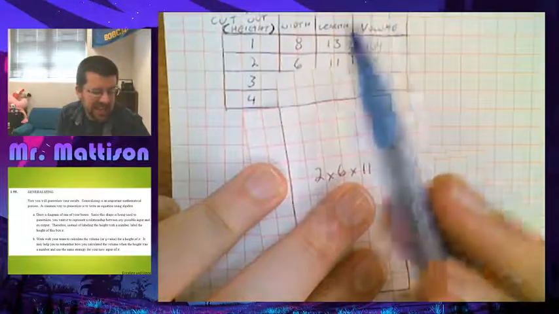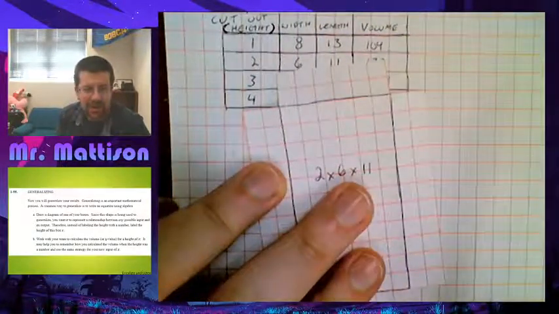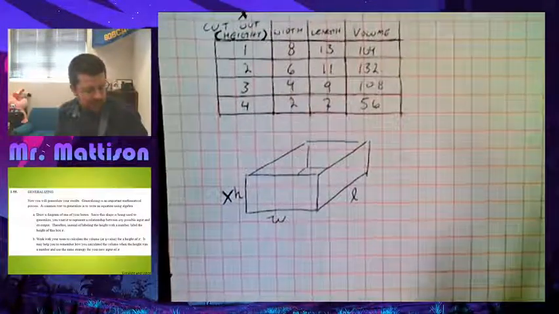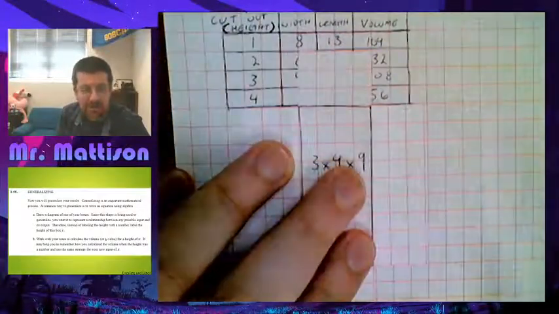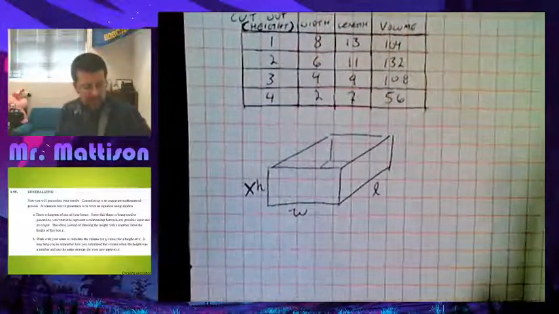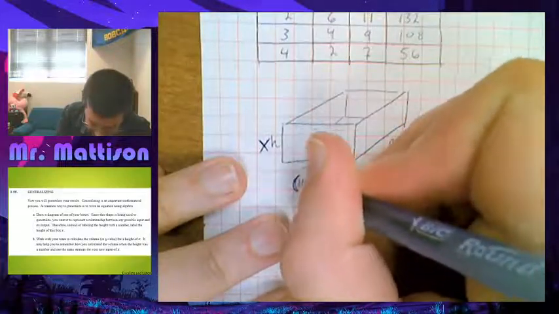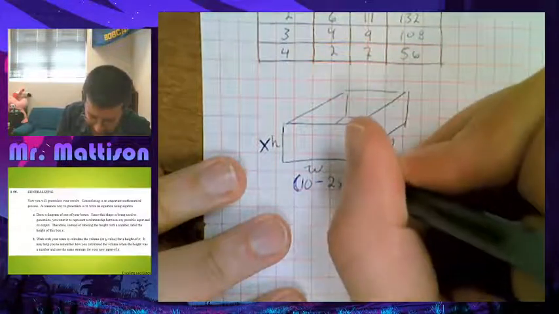In this case, it was 2, so we cut out 2 here and 2 here, left with 6 there. So it was 10 and then minus 2 and minus 2. And over here, it was 10 and then minus 3 and minus 3. So how we can represent that is that's just always 10 minus 2 x's, whatever that x happens to be.